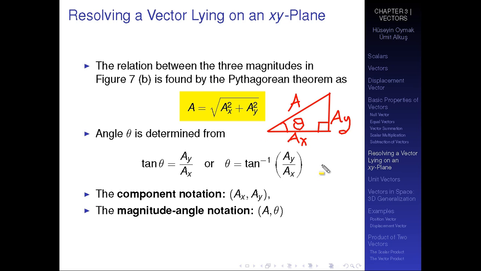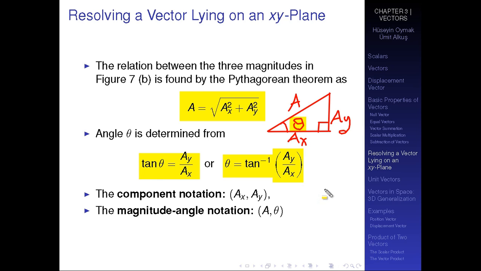And tangent theta is nothing but the ratio of AY to AX. And the angle theta is the inverse tangent of the ratio of AY over AX.